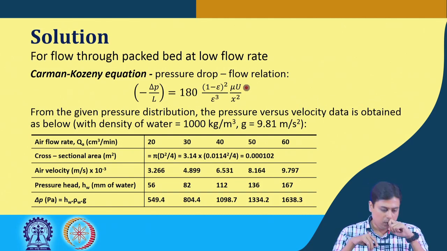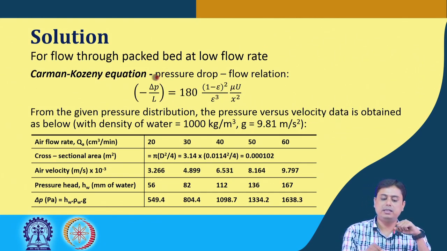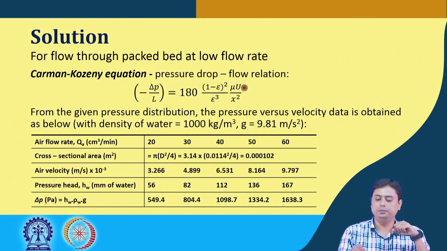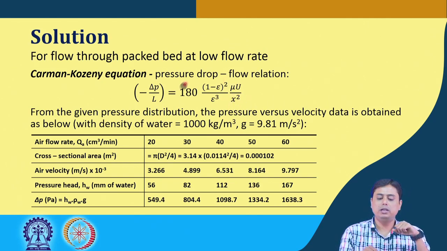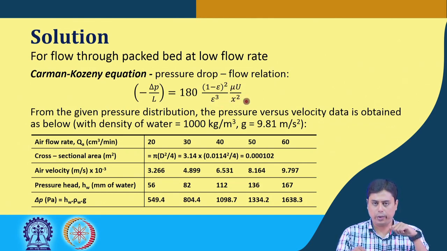So from the given pressure versus velocity data, that means this del p versus u, if you plot this, it would give you a linear expression where the slope of the graph, or that straight line, is 180 (1 minus epsilon) square divided by epsilon cube, multiplied by mu by x square.